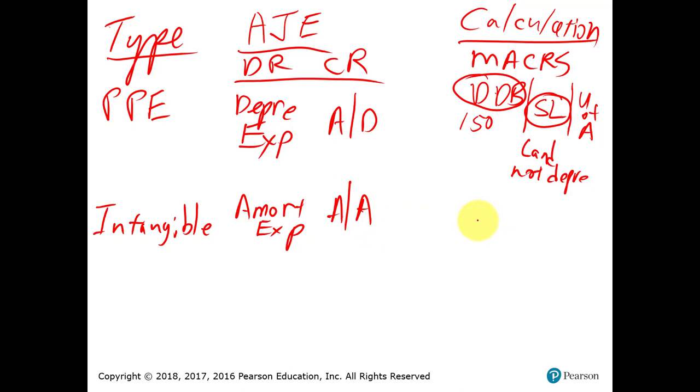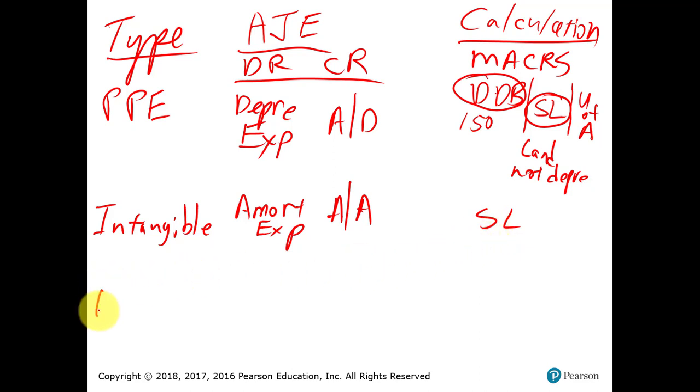And the calculation would be straight line. Now, the life of this intangible asset may vary depending upon what code section the asset falls under. But generally, the calculation is the costs of the asset divided by the life, or the straight line method. So we'll see an example in the next video.